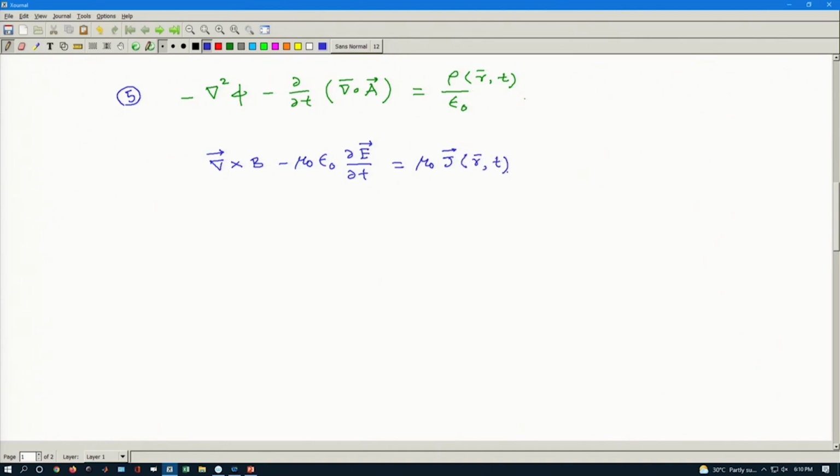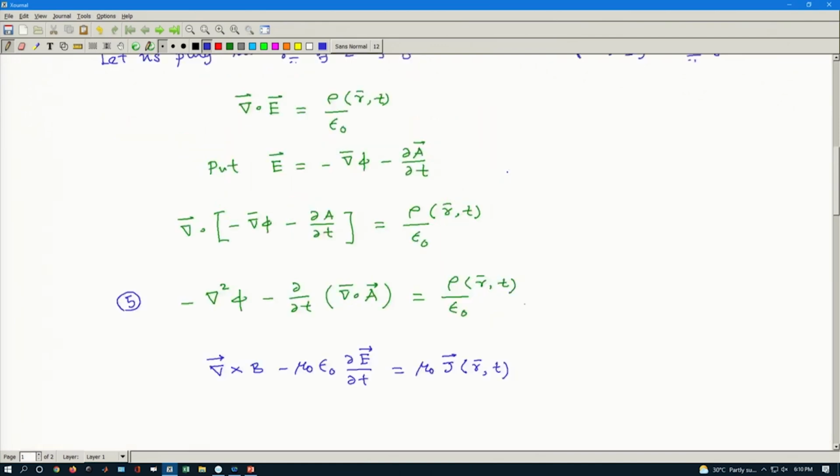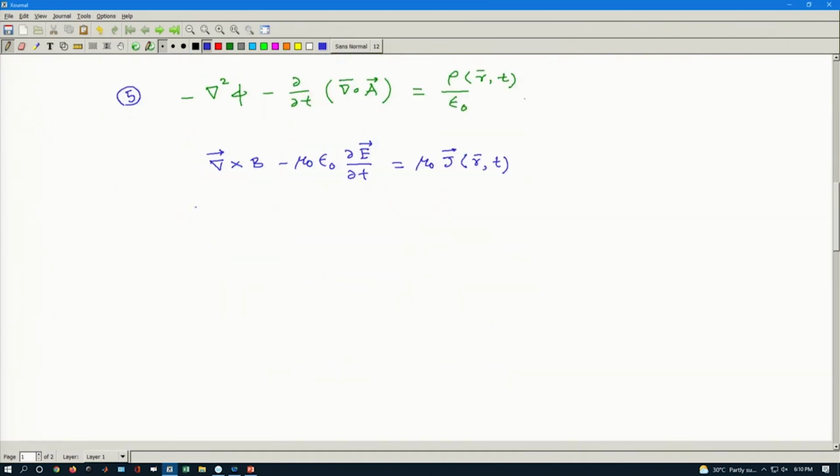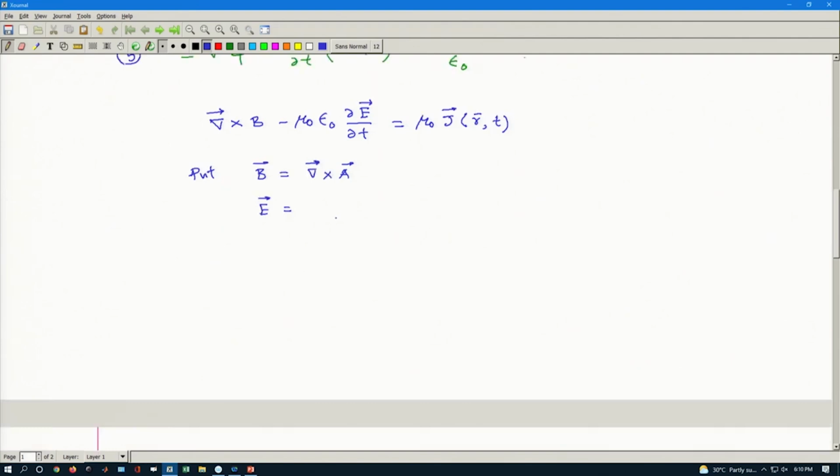Now, you know B, because B is curl of A. So, I put here again B is equal to curl of A, and not only that, I need to put E also here, because E is there. E is equal to minus grad phi minus del A del T. These two I put in this equation, and let us see what we get.